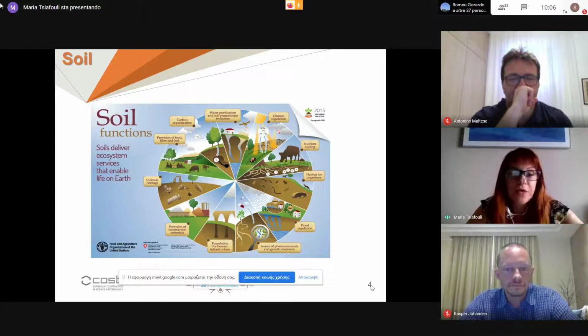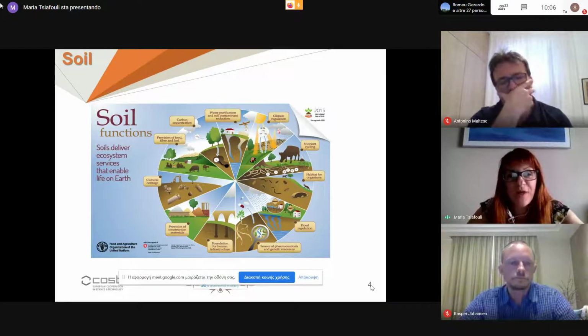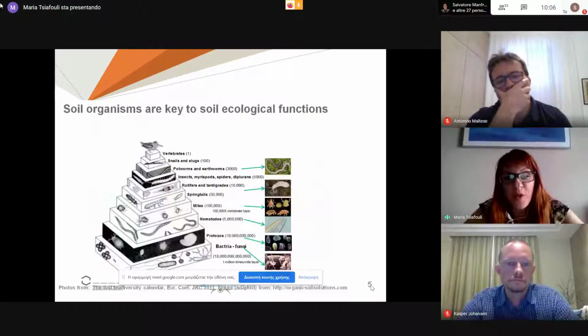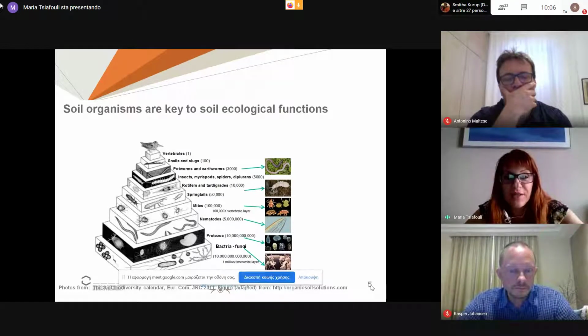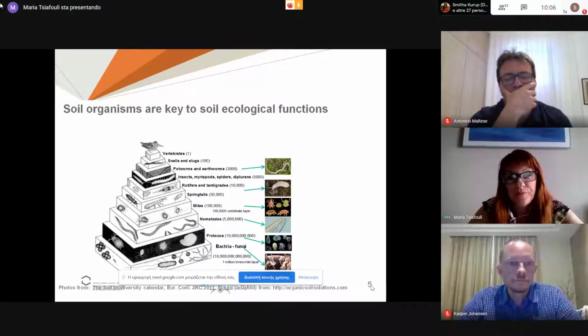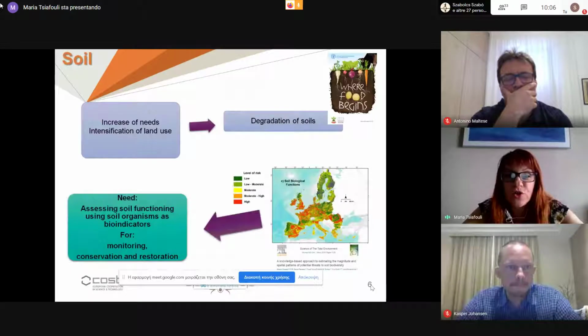But when we are looking closer, who is providing those functions? We end up with little tiny organisms that live in the soil and provide us all the ecological functions. So we need to know what is happening with all the biological diversity in the soil. As the soil provides us our food, and as there is an increase of needs, we intensify our land use, and this leads to the degradation of soils.